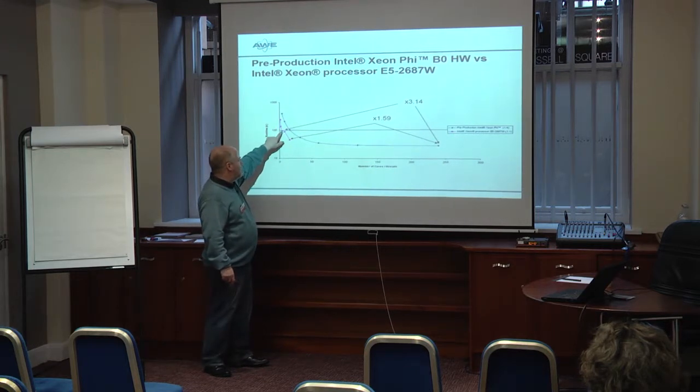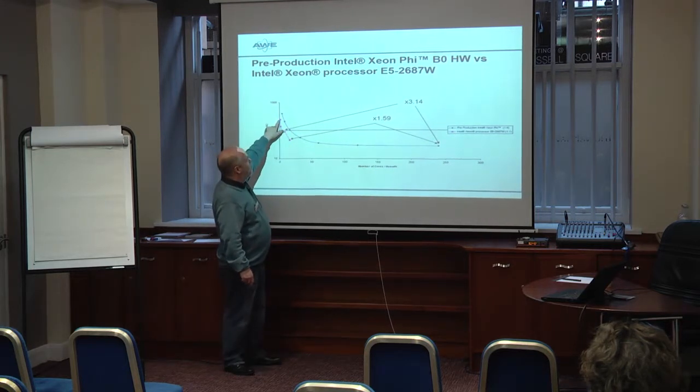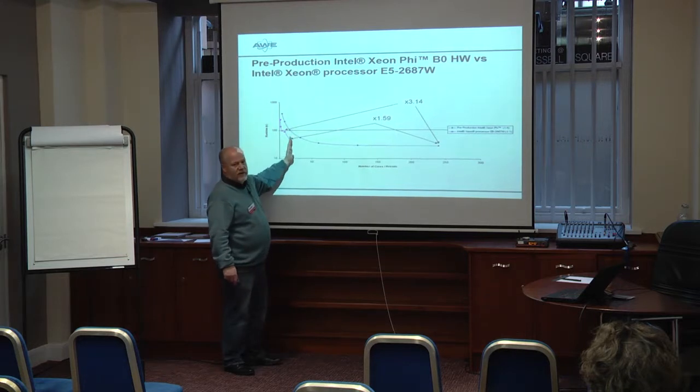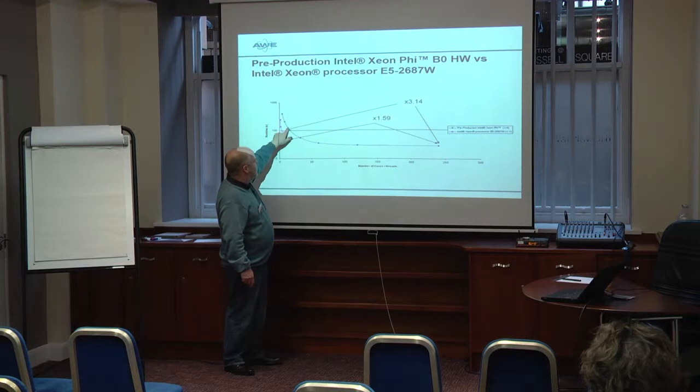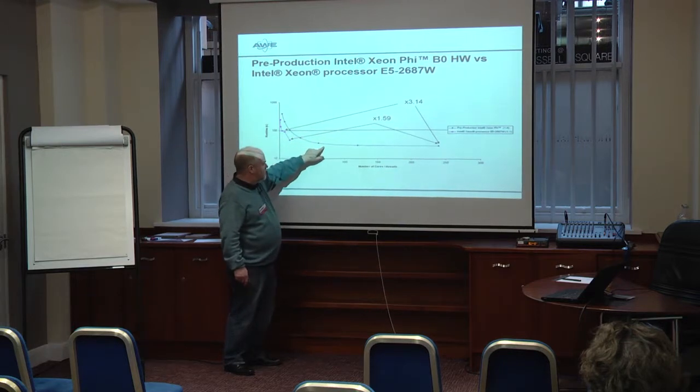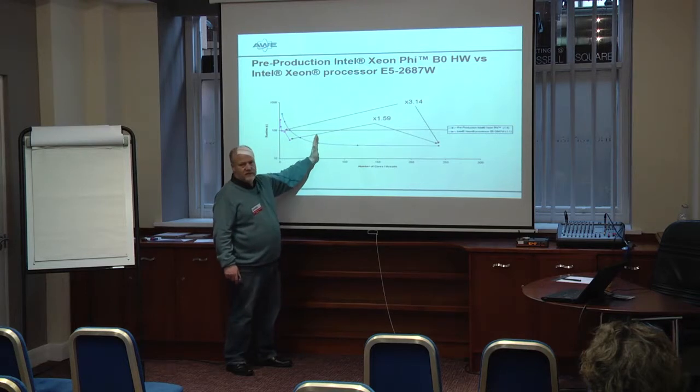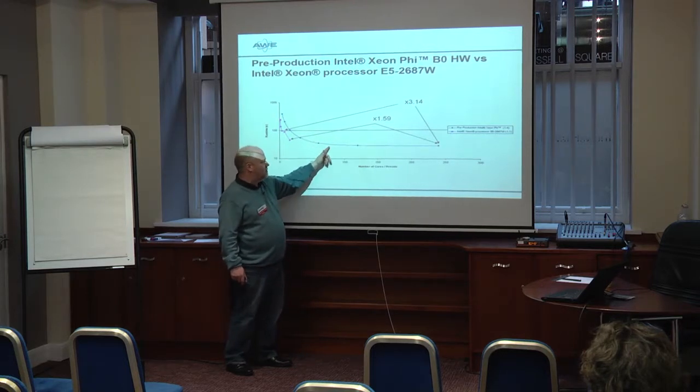On the Xeon workstation itself, there came a point when the maximum performance they got was about here. They ran it with the maximum number of cores available on the particular machine. On the Xeon Phi, as they increased the number of cores beyond 60, there wasn't any real improvement.